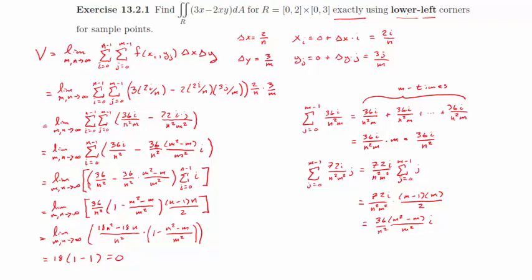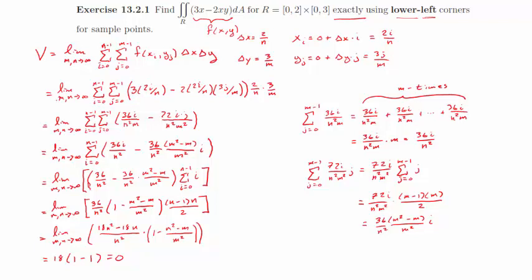the lower left corners. And then we want to plug our x sub i and y sub j into our function f, where our function f is 3x minus 2xy, multiplied by delta x delta y. So plugging everything in, my x sub i is 2i over n, and my y sub j is 3j over m.